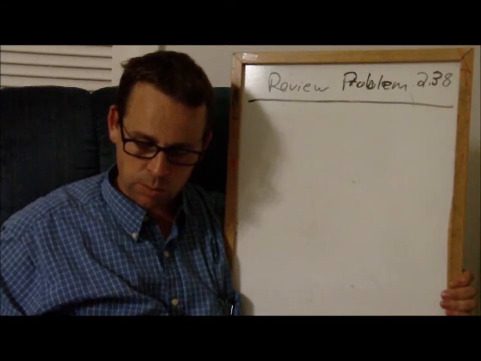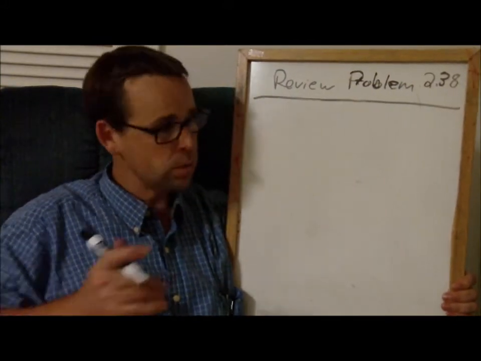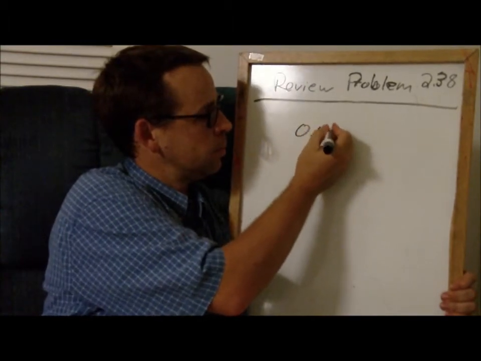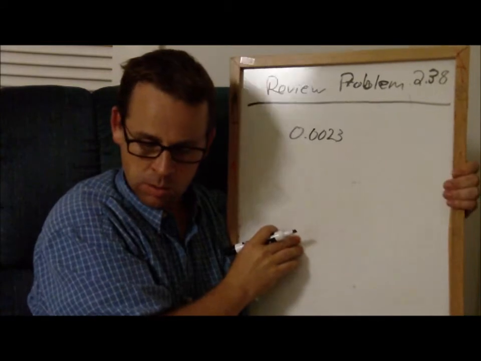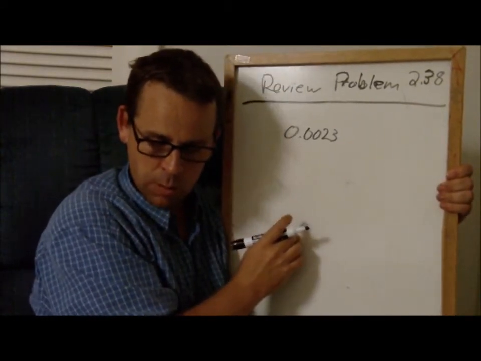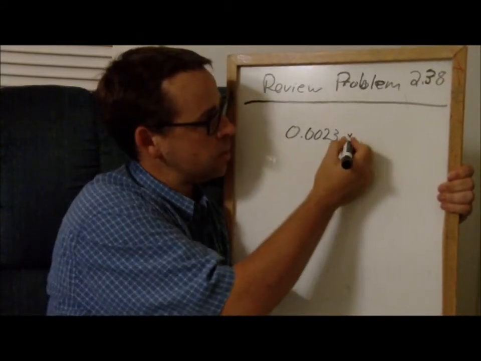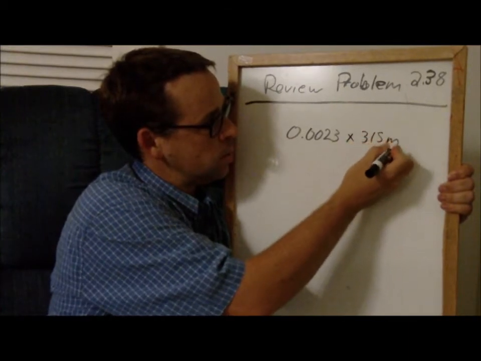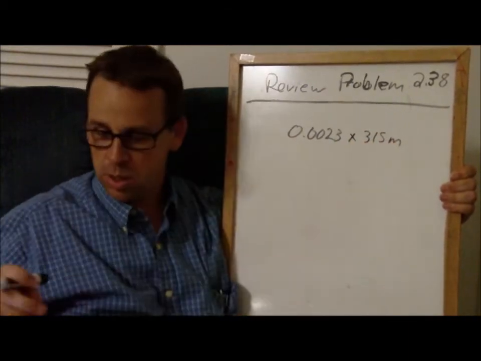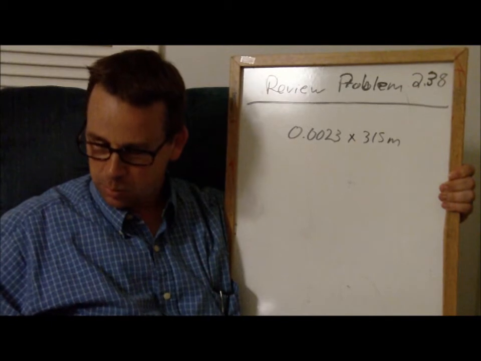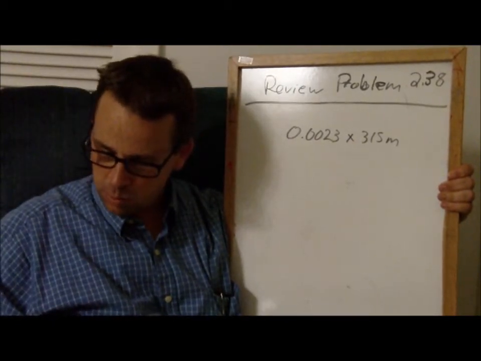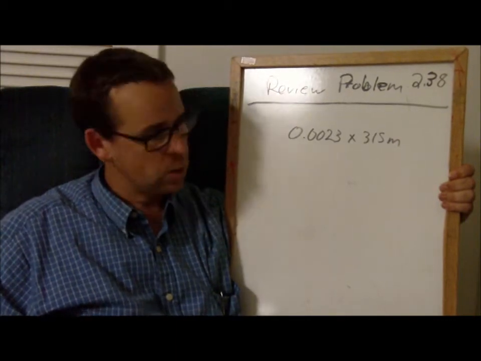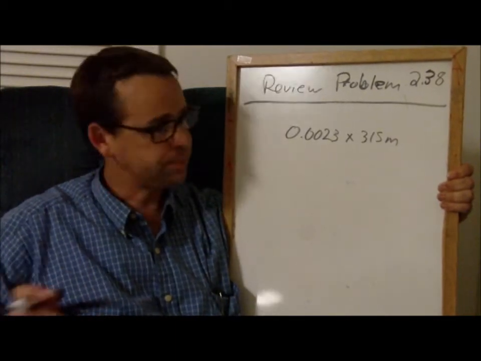Include the correct units with the answer. 0.0023 meters times 315 meters. 0.0023 times 315 is 0.7245.